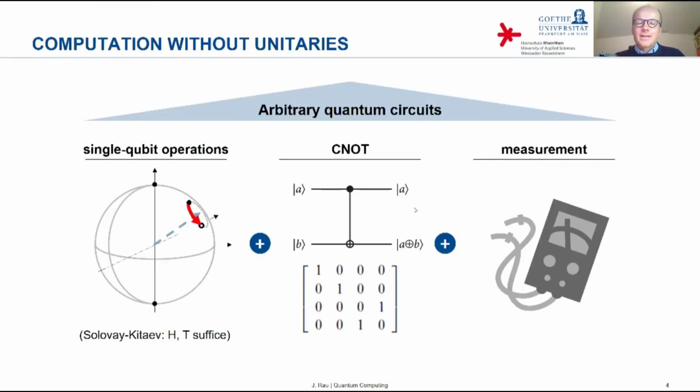Last week we discussed the circuit model, the quantum circuit model for quantum computation, and we discussed the fact that arbitrary quantum circuits, that is, quantum circuits that involve arbitrary unitary transformations on your input qubits, can be built from a very small number of different building blocks.